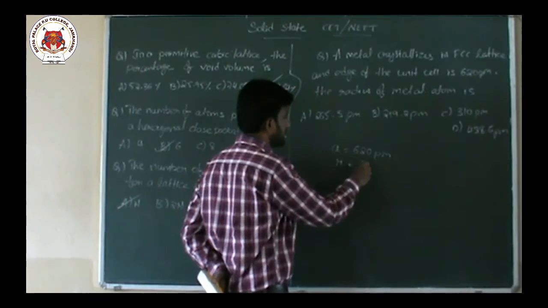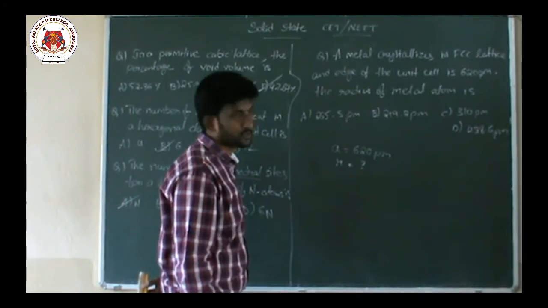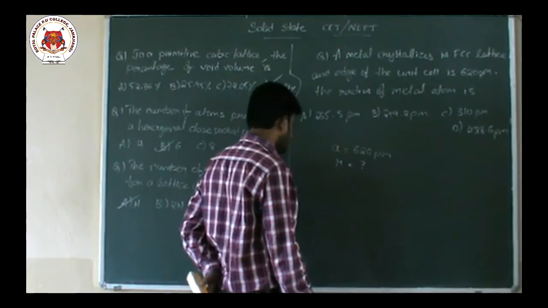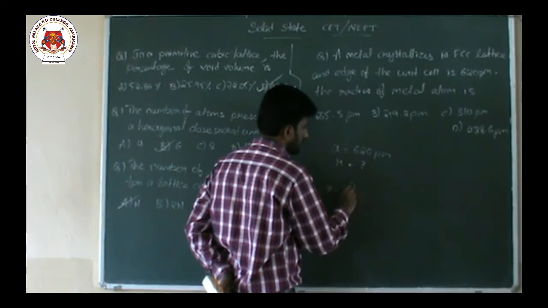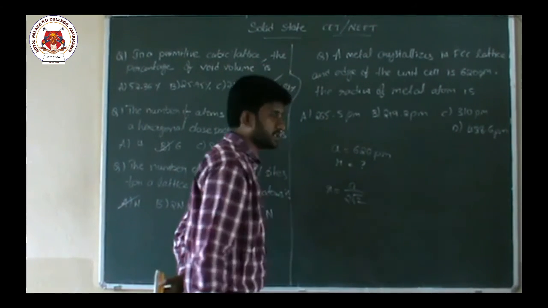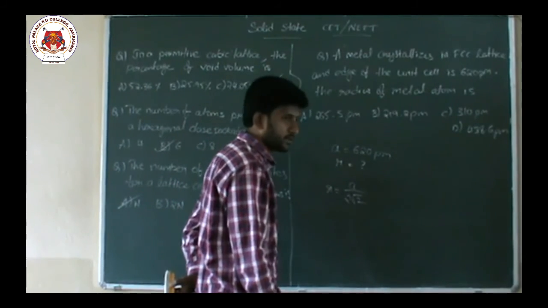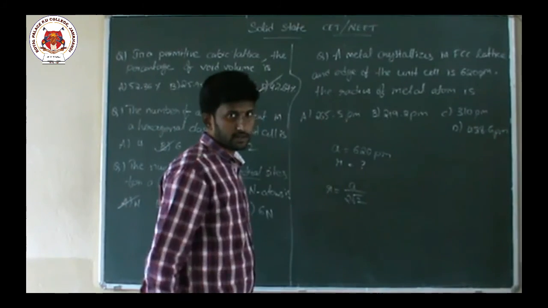So what is the relation between edge length and radius of the atoms in an FCC lattice? According to the FCC lattice, the radius will be equal to edge length divided by 2 root 2. You will come across this in the face diagonal calculation.